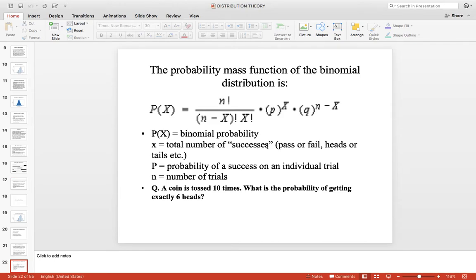I'm interested in successes, pass or fail, heads or tails. p is the probability of that success, and n is the number of trials. Now, supposing a coin is tossed 10 times, then n is 10.